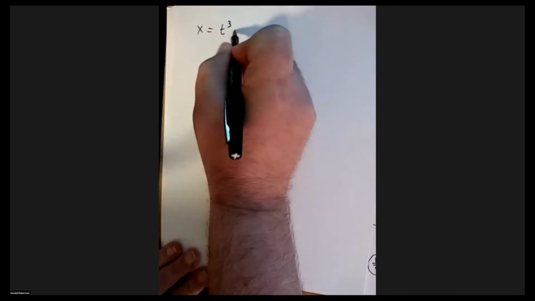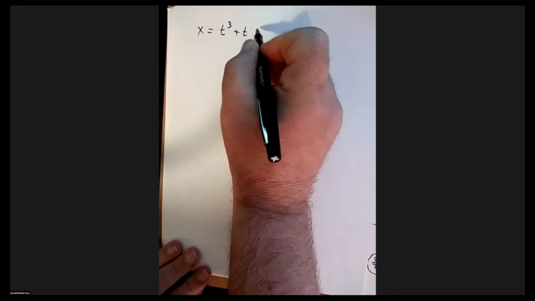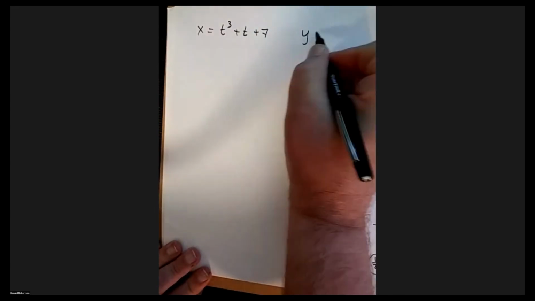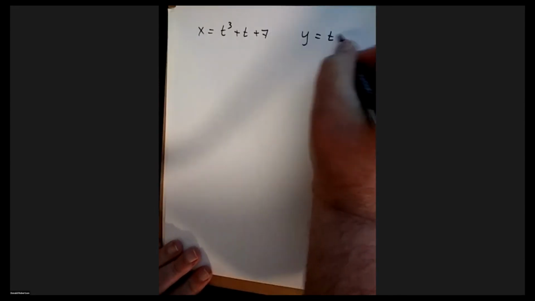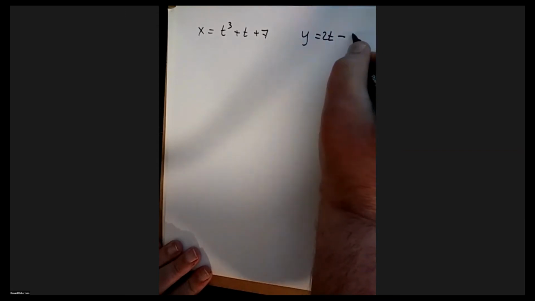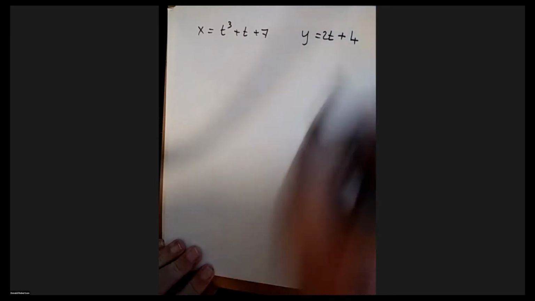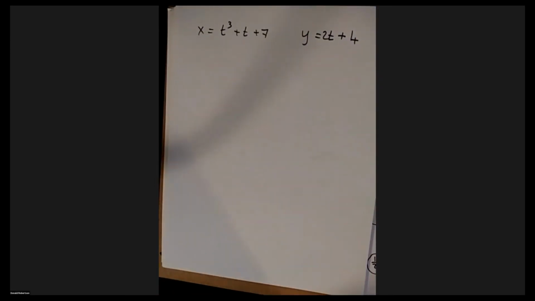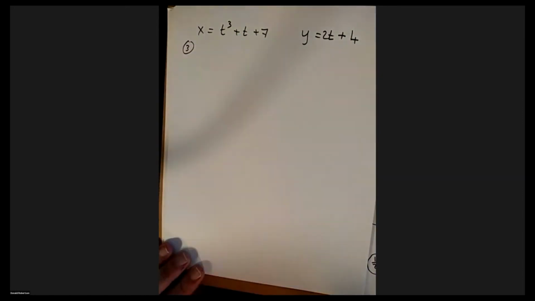Okay, let's switch places. What do I mean by that? Right, let's suppose we are being asked to eliminate the t, which is basically the third thing that you're typically asked to do.